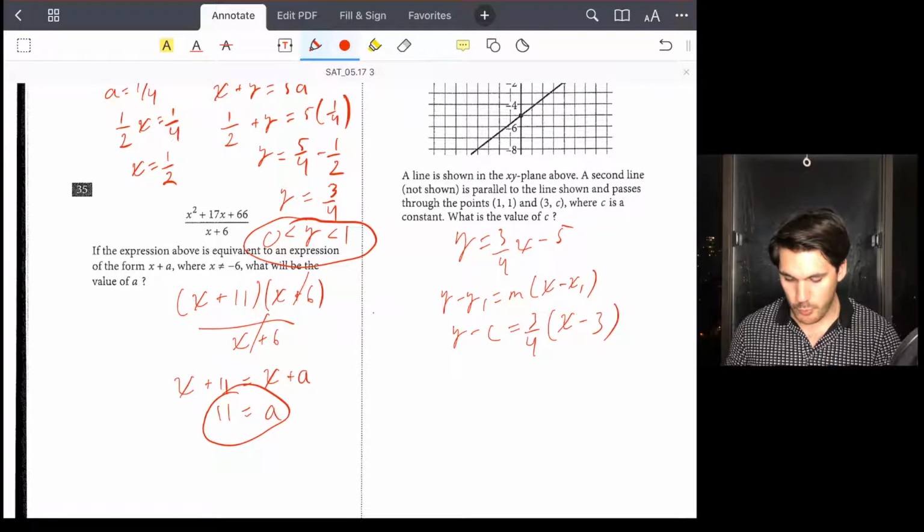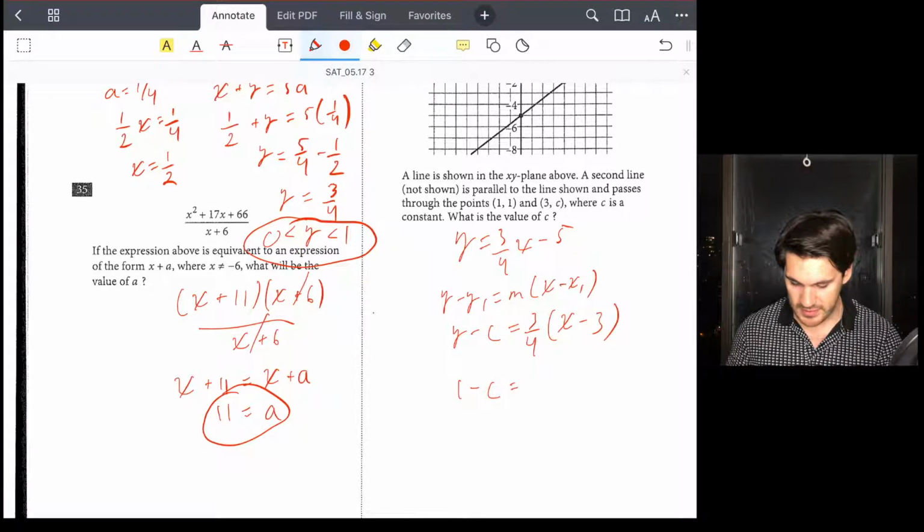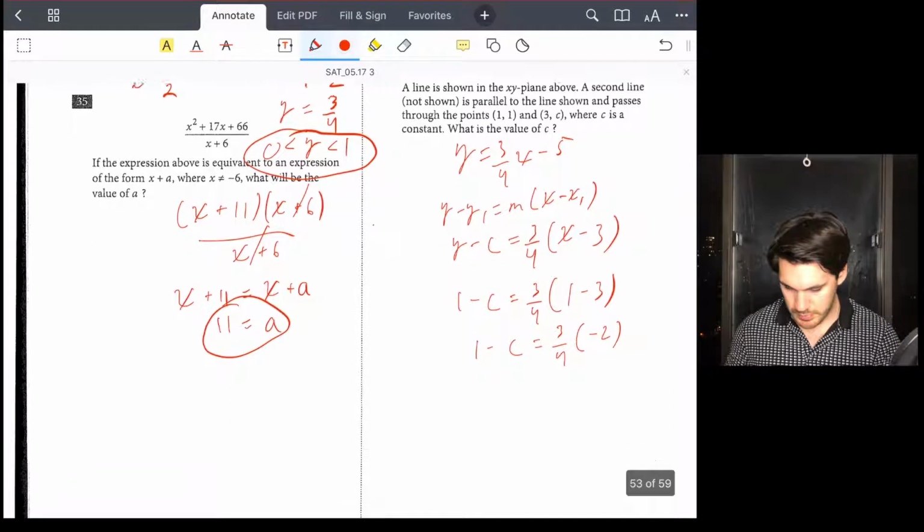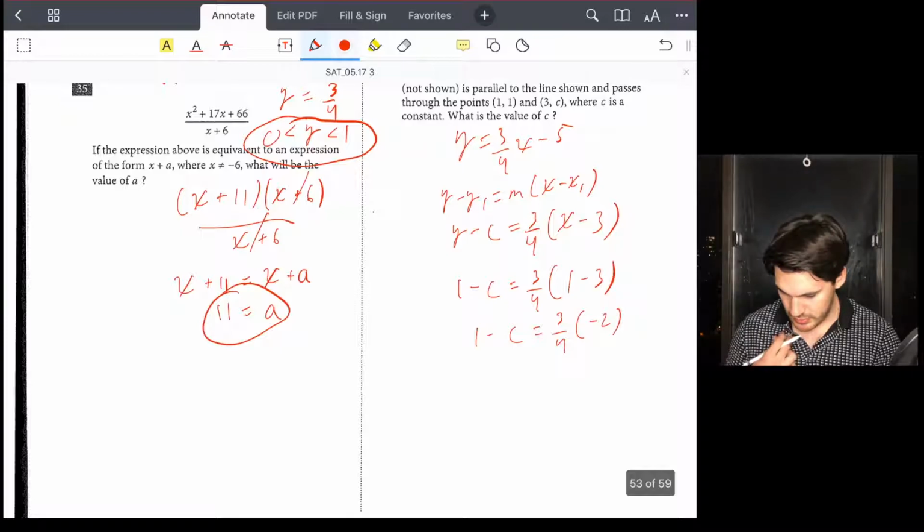Great. Now, we can replace x and y with the point they gave us to solve for c. That's 1 and 1. So 1 minus c equals 3/4 times 1 minus 3. So 1 minus c equals 3/4 times -2.